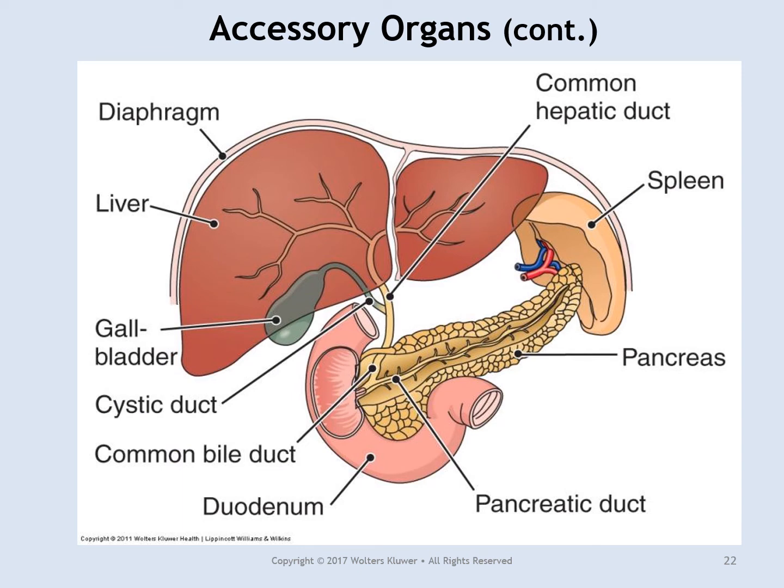So here are 3 of your accessory organs right here. The liver over on the left with the gallbladder sitting right behind it, and then the pancreas right here, and you'll see that they all share this common ductwork that all pours into the duodenum right there.